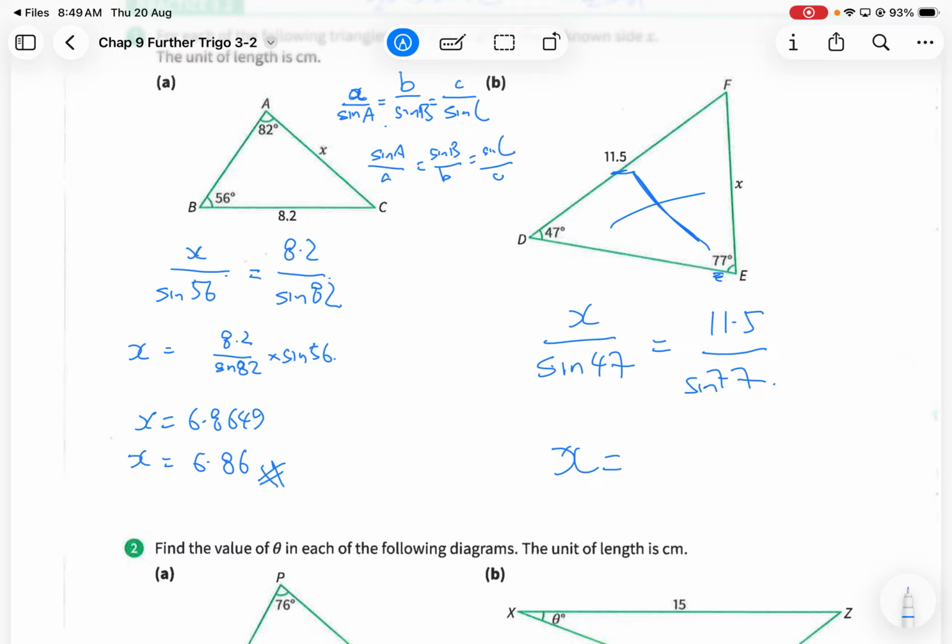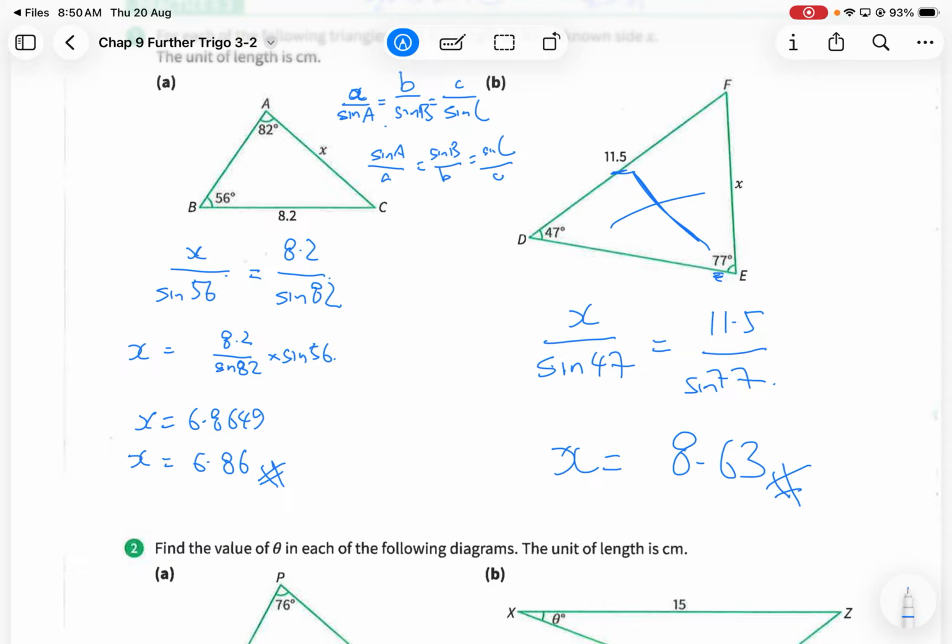Yes, the answer is 8.63 finally. What is the next step that you should do? Multiply by x over sine of 47, not 74.